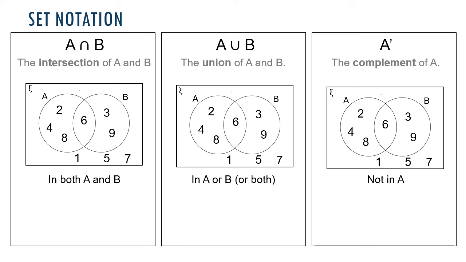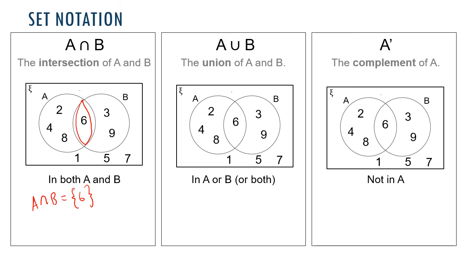Adding numbers to these might help make a bit more sense of this. So the intersection of A and B, remember, is this part here. So the numbers in the set A intersect B just got the number 6 here.